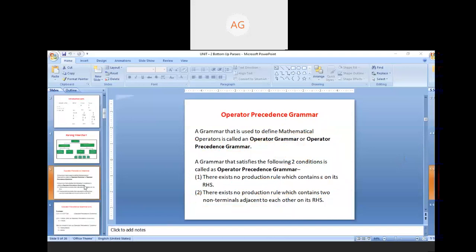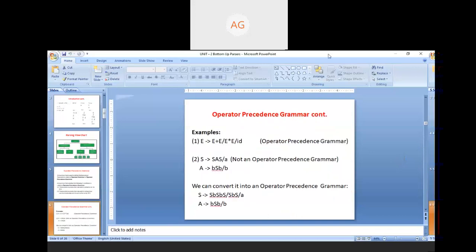So moving to the next slide. Here you can see in this slide, there are some examples given to you. The first example has three productions which start from non-terminal E. The productions are E produces E plus E, which is the first production, then E produces E into E, which is the second production, and E produces ID, which is the third production.